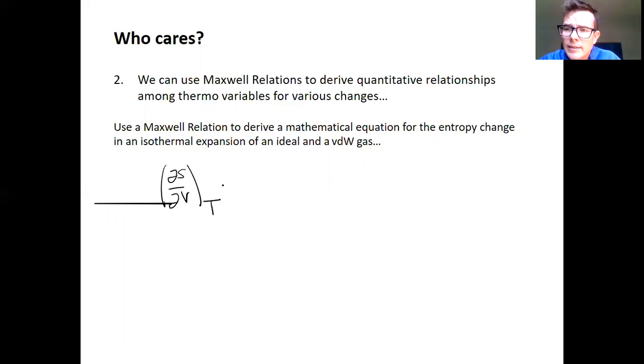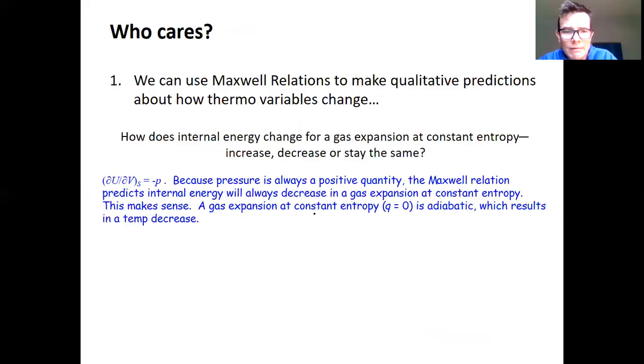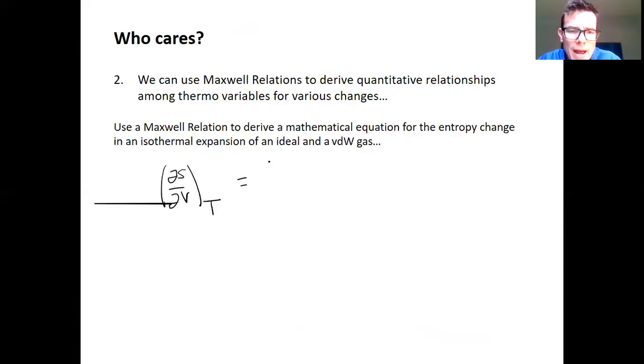But looking at this, this appears to involve some of these variables that showed up in our Maxwell relations. So if you go back and look at them, here is the partial of S with respect to V at constant T. And I know that is equal to the partial of P with respect to T at constant V. So if I go back and I look at that Maxwell relationship, it tells me that this happens to be a quantity that I can calculate really easily for a van der Waals gas.